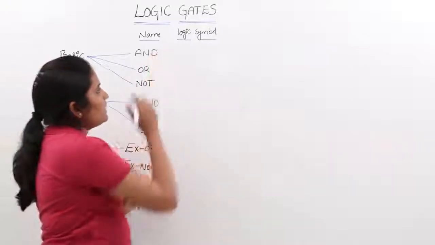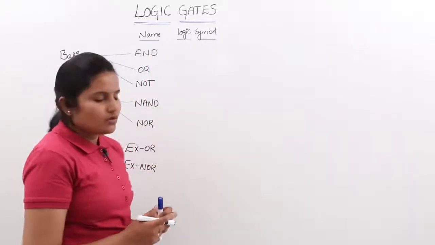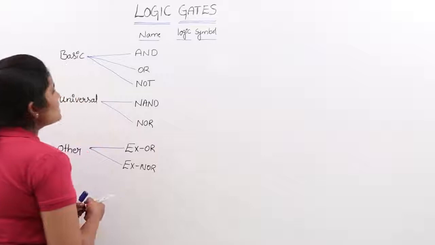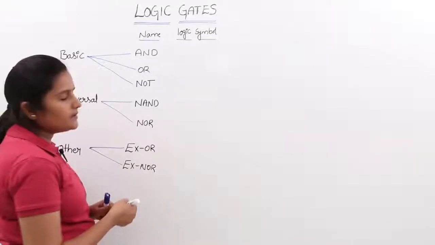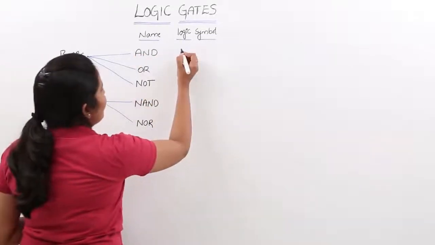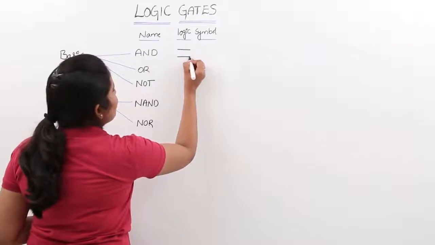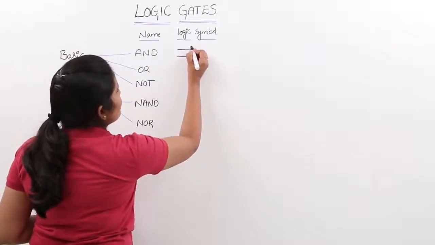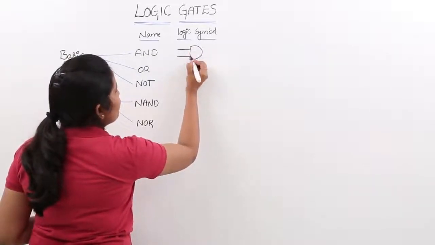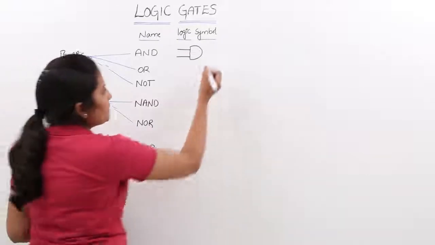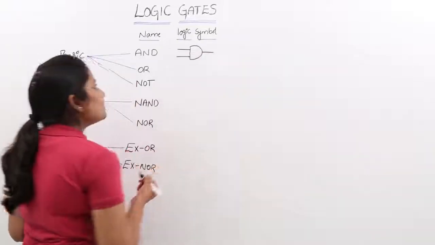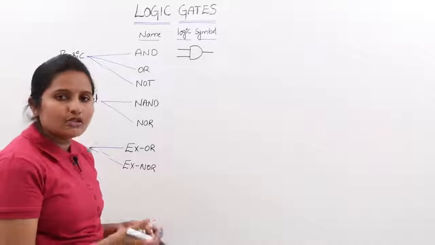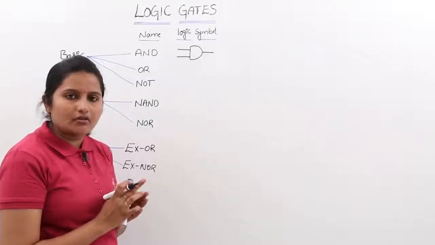Now we will see logic symbols. Let me draw the logic symbol for each and every gate here. For the AND gate the logic symbol will be like this. It may have more than 2 inputs and only one output.